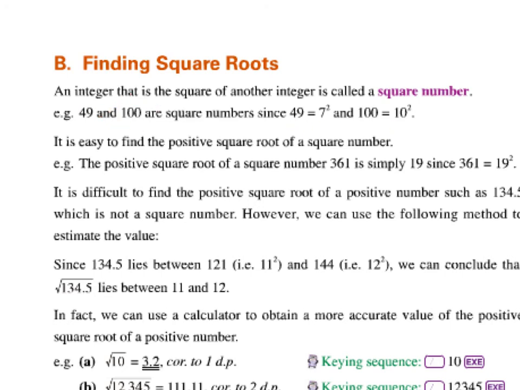Can you say any example? For example, for me it is 25, 36, or 64. They are square numbers. They come from 5 square, 6 square, and 8 square.